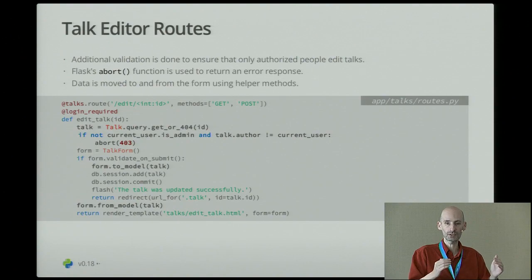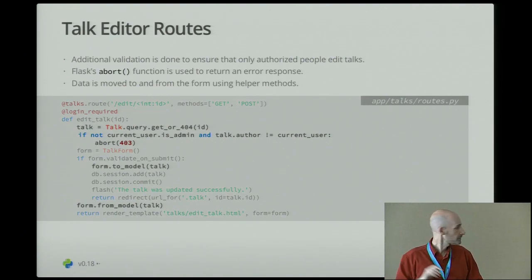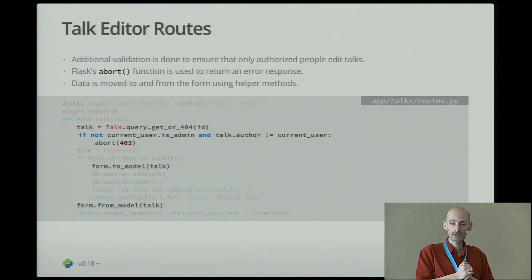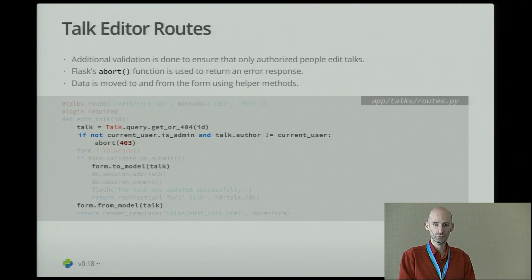If I had done it the way I've done the other ones, it would be a long list of fields all getting copied from the form to the model, and then at the bottom, that same list again from the model to the form.